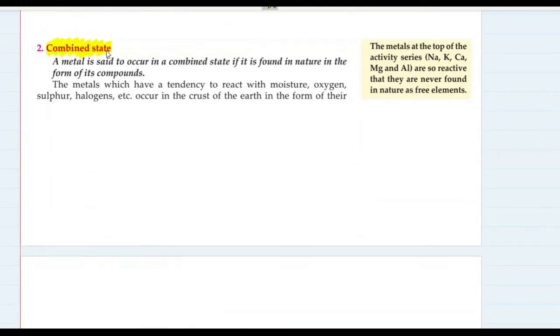Combined state. A metal is said to occur in a combined state if it is found in nature in the form of its compounds. The metals which have a tendency to react with moisture, oxygen, sulfur, halogens, etc., occur in the crust of the earth in the form of their compounds.